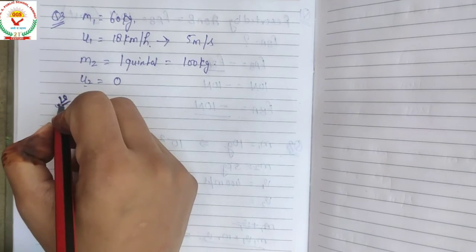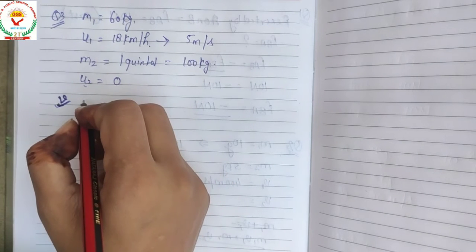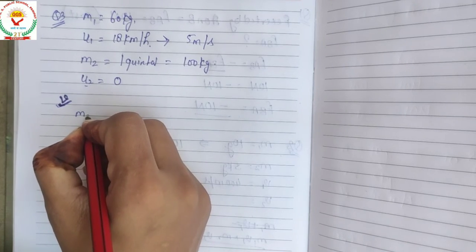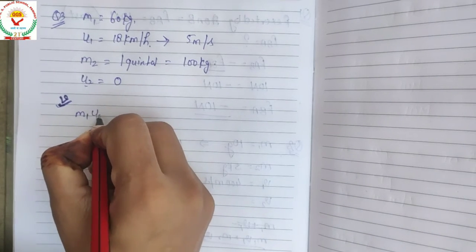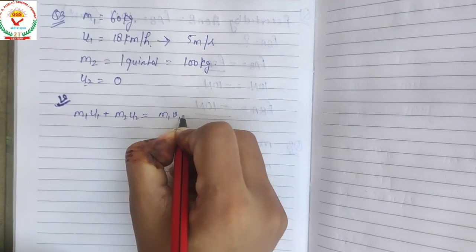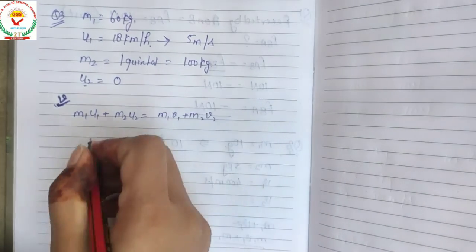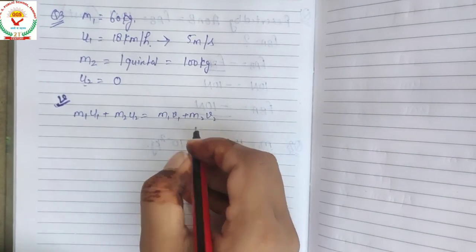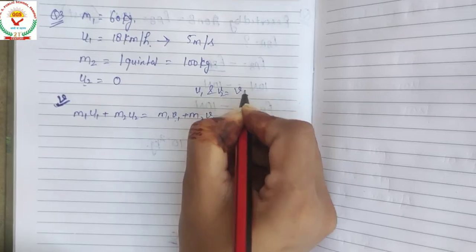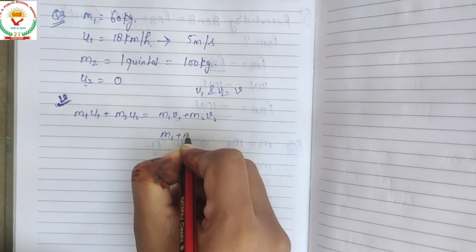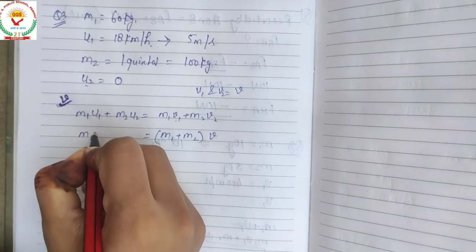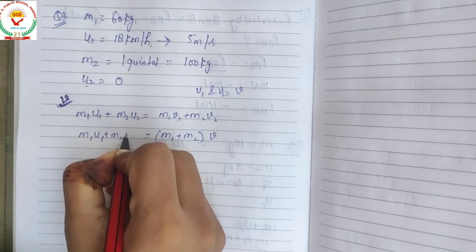So now we have the formula for the law of conservation of momentum. That is M1 U1 plus M2 U2 is equal to M1 V1 plus M2 V2. Here V1 and V2 equal V. So we can write M1 plus M2 times V is equal to M1 U1 plus M2 U2.